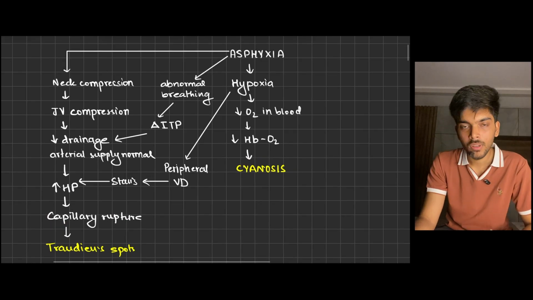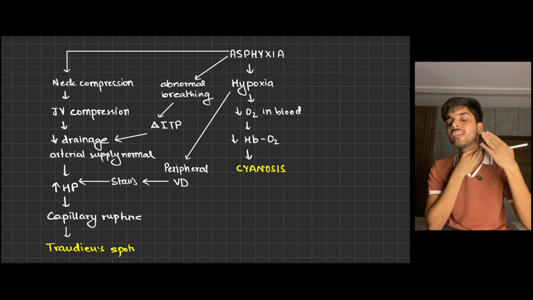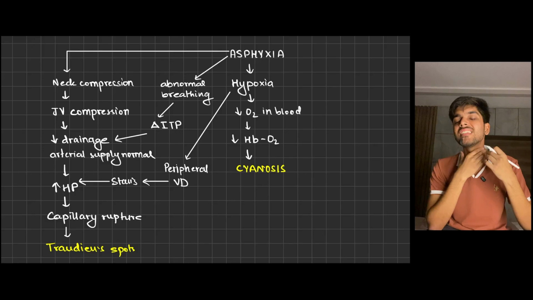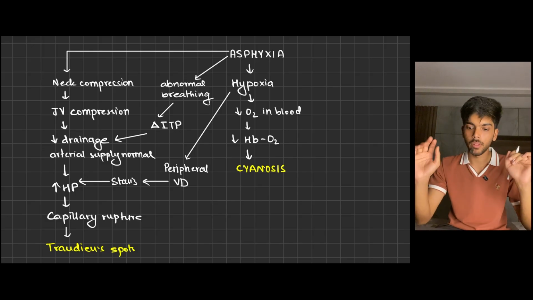Okay, fine. See, first there was neck compression. Due to neck compression, the drainage was inhibited, but the arterial supply is still there, leading to increased hydrostatic pressure inside the capillary, and then the capillary bursts. Simple.